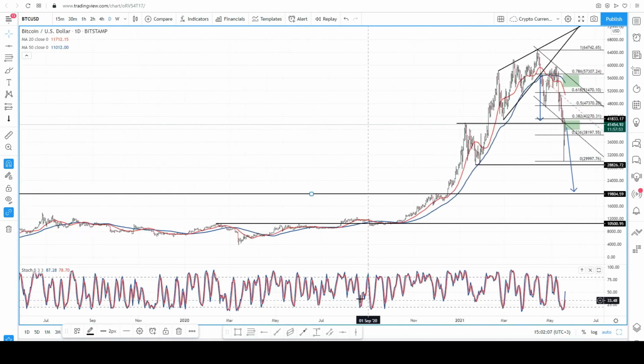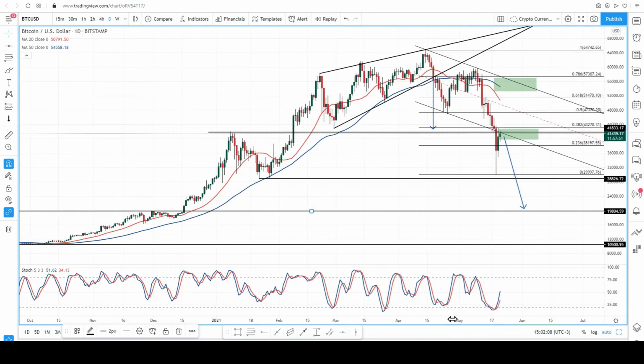So that's where we might go next if this is taken out. There is some support here, so that's obviously what the market reacted to last time. But if this zone here is taken out, then the next stop is somewhere down here. That's very likely. I'm not saying it will go there, but it wouldn't be surprising.